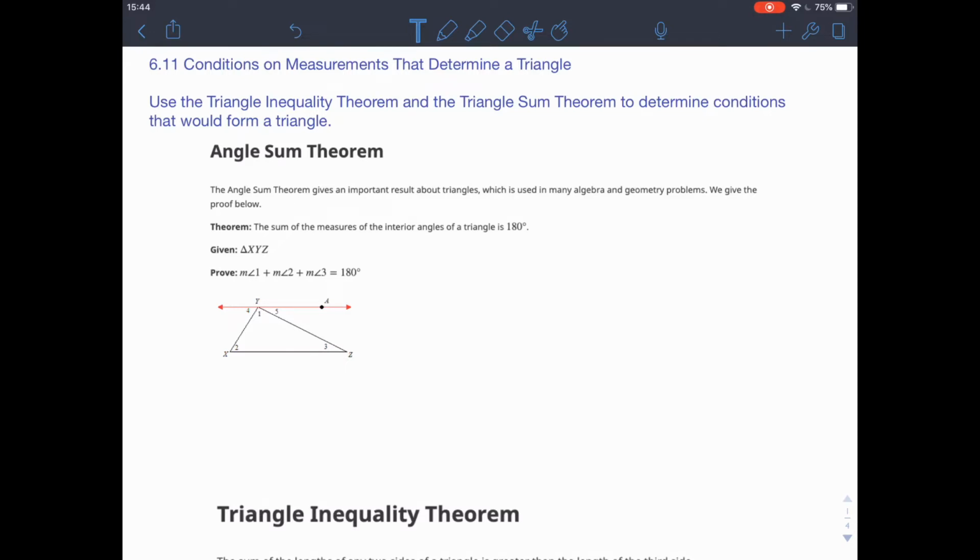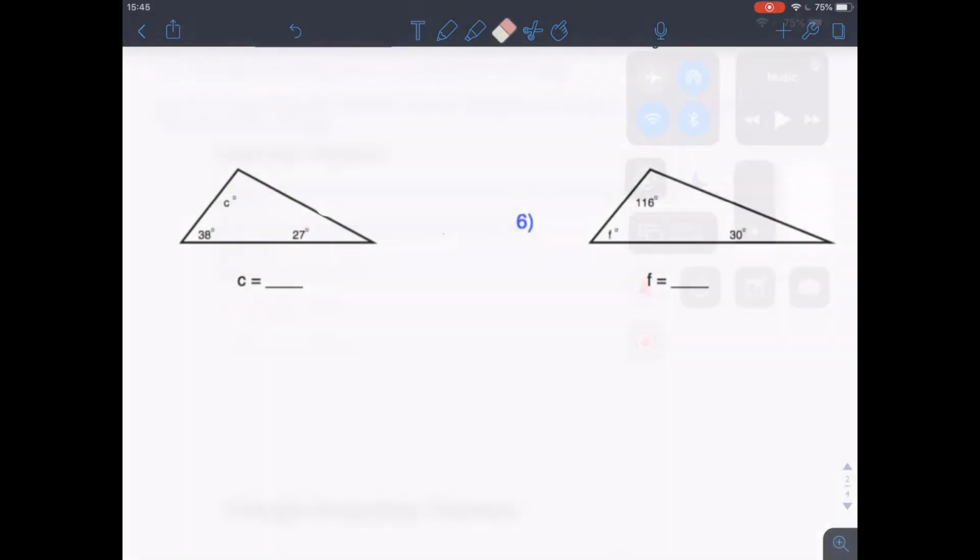So if I just take the measures of those 3 angles inside and add them, they have to equal exactly 180, not 179, not 181. So if I have 3 angles and I want to see if it would make a triangle, I just add them, and if they make 180, I'm good. And if I have 2 angles and I'm trying to find the third, I can add together the 2 I know and subtract them from 180 to find what the third would be.